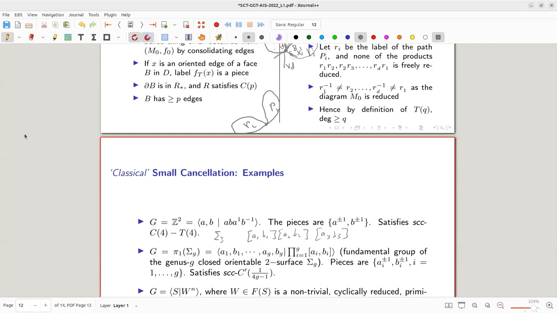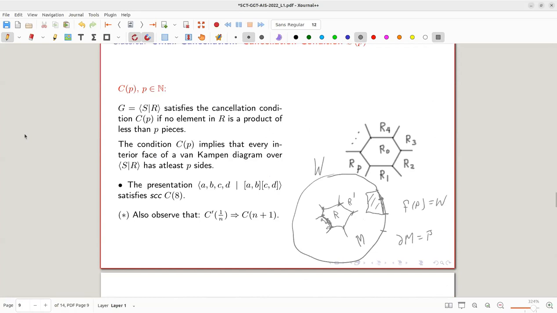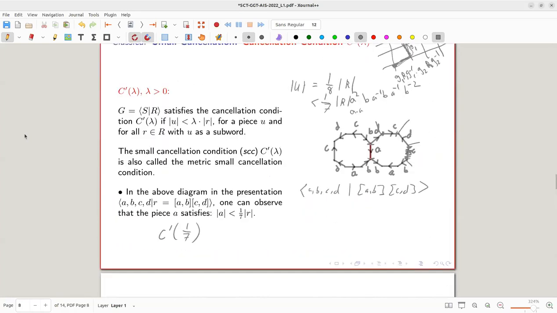It's a one relator group, right? So you take two different cyclic permutations, just like this. Right. So now, what are the common subwords on which their boundaries can overlap?